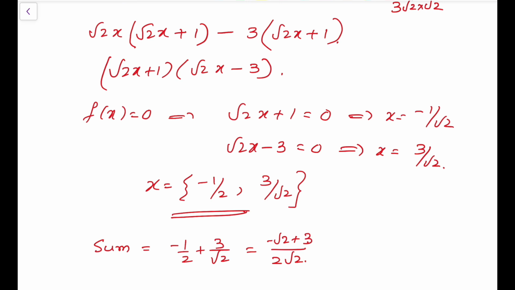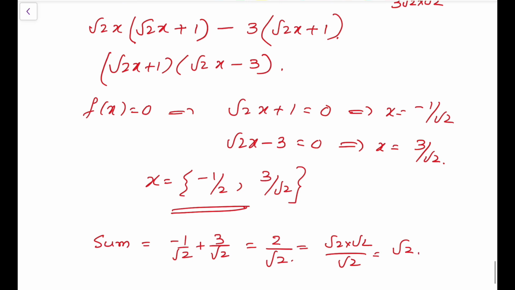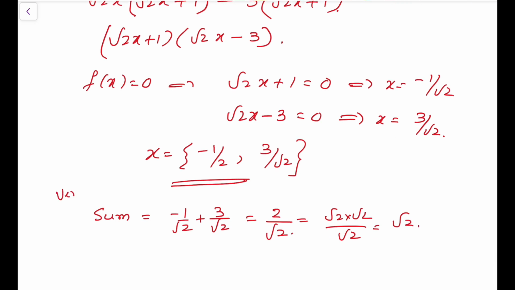So 2 by root 2, this can be written as root 2 into root 2 by root 2, it is root 2.